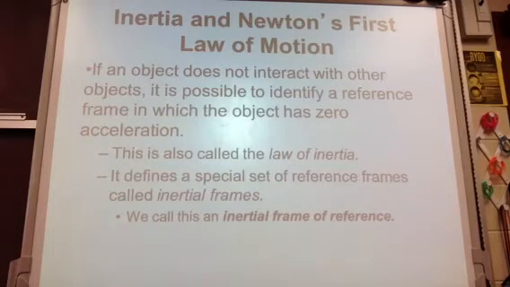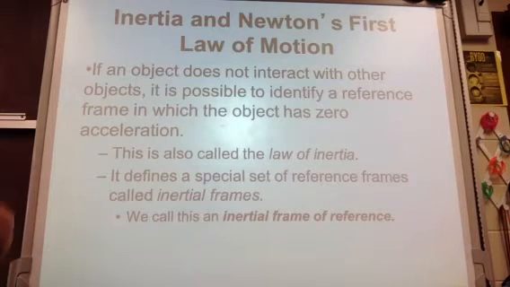So let's think of a puck on an air hockey table, and that air hockey table is on the ground. And let's say the air hockey table is perfectly smooth, the ground is perfectly smooth. And let's say that that puck is at rest, and I am standing next to that air hockey table, observing this puck.